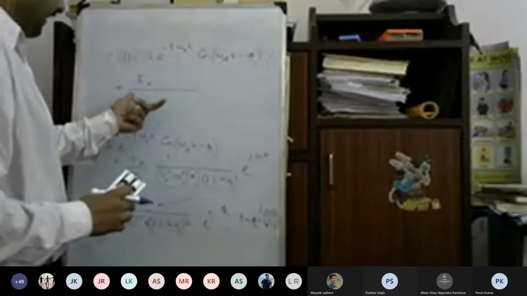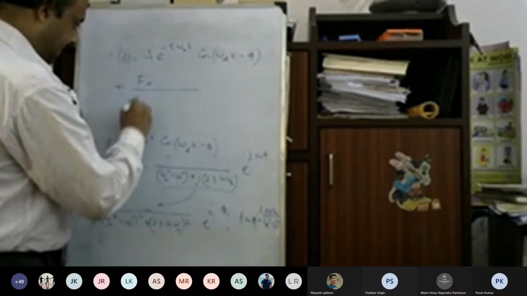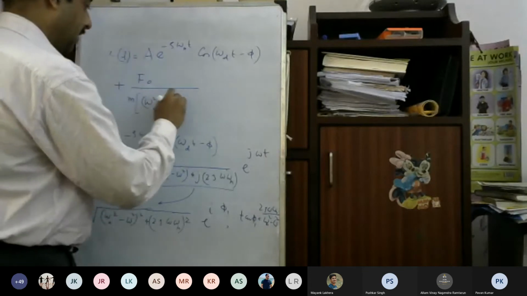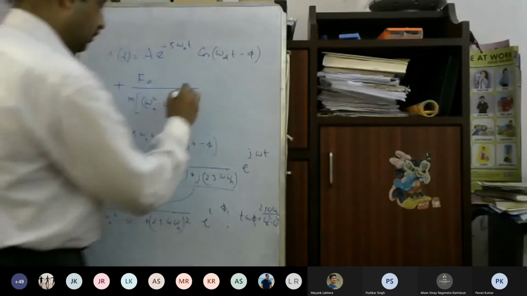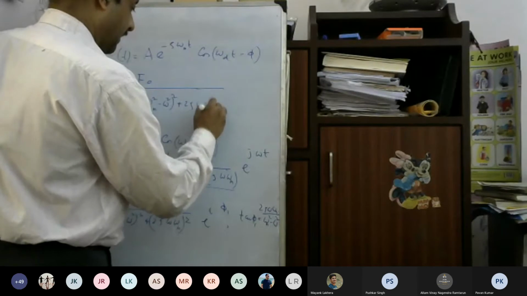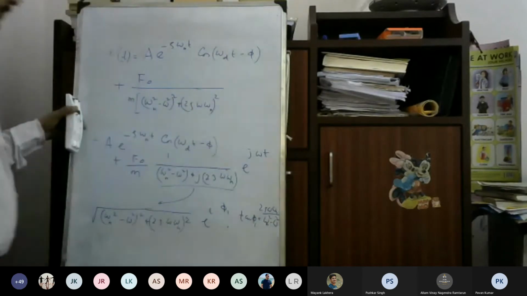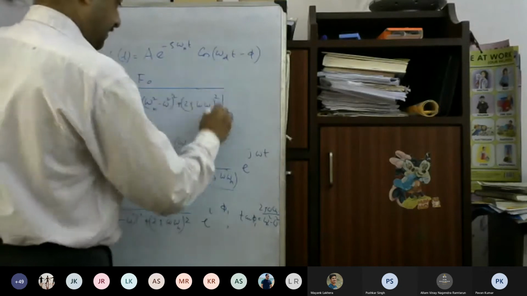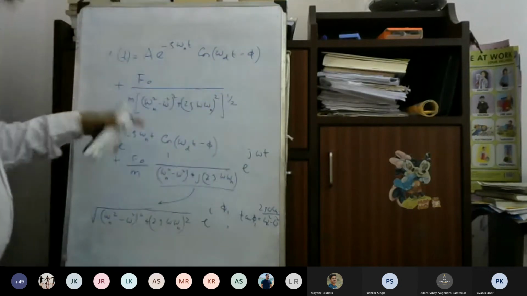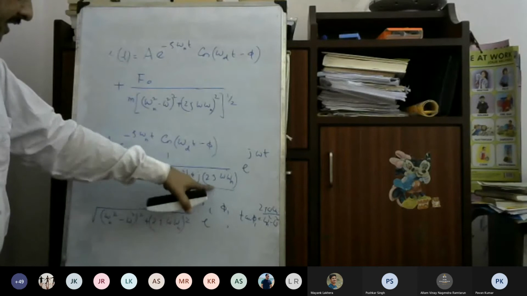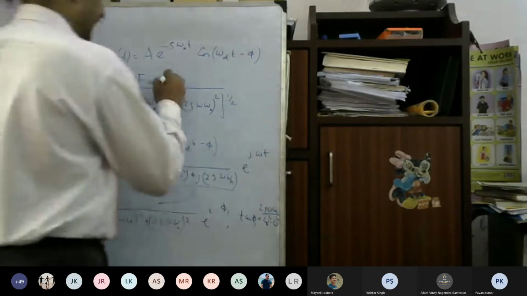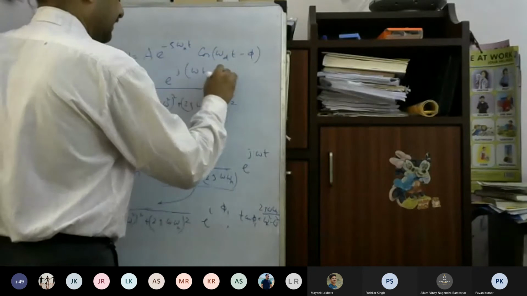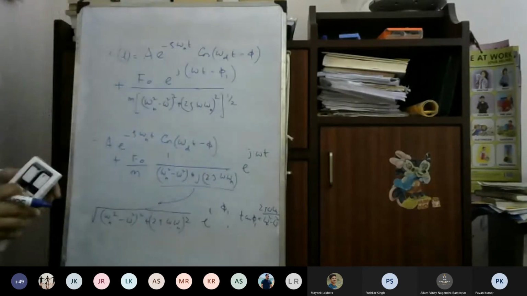So we can write it this way, that is, omega n square minus omega square plus 2 zeta omega n square, under root or half, e to the power i phi in the denominator, so it will be e to the power minus i phi in the numerator, so j omega t minus phi 1.